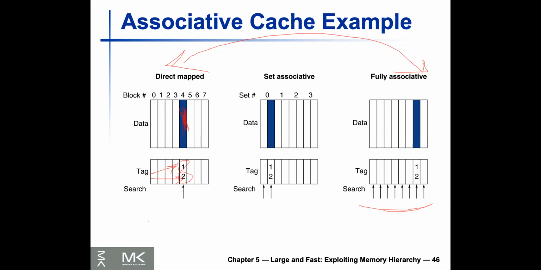So somewhere in the middle, we have n-way set associative. Now the set number is 4, right? I have set 0, set 1, set 2, and set 3.